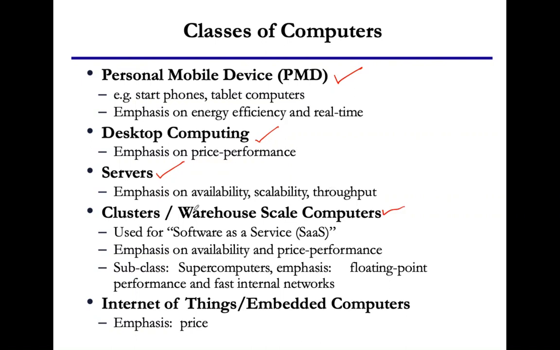These clusters are warehouse scale computers, also known as software as a service, which emphasizes availability and price performance. The subclass of these clusters are the supercomputers, which emphasize floating point performance and fast mathematical computation. And nowadays you are seeing Internet of Things as another part of the computers.